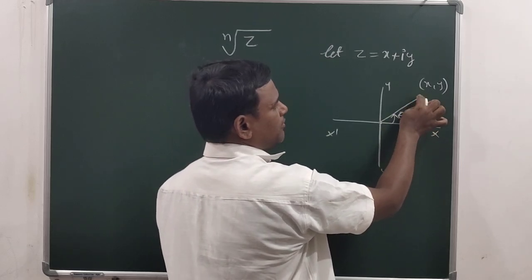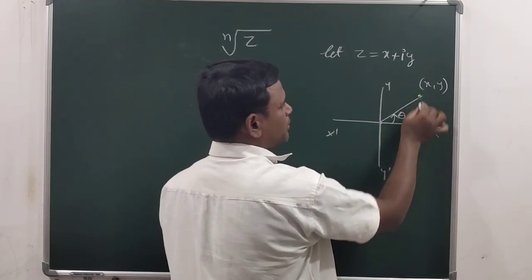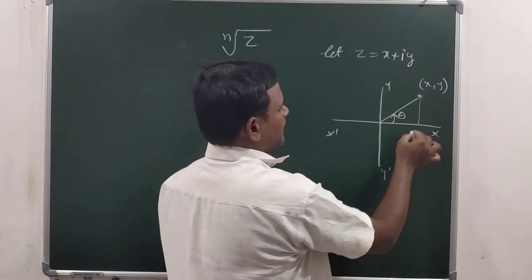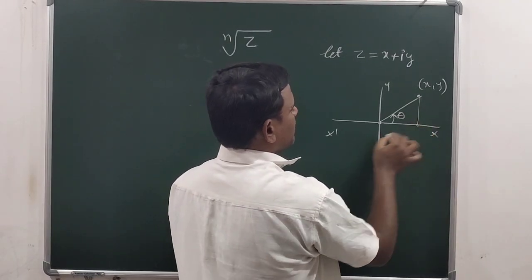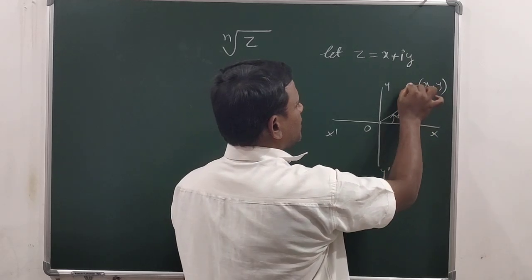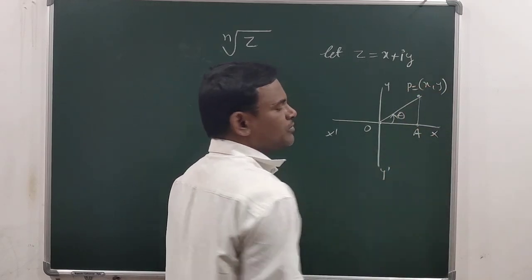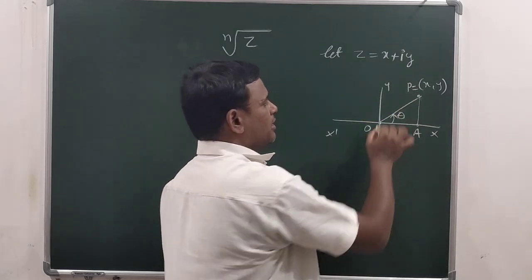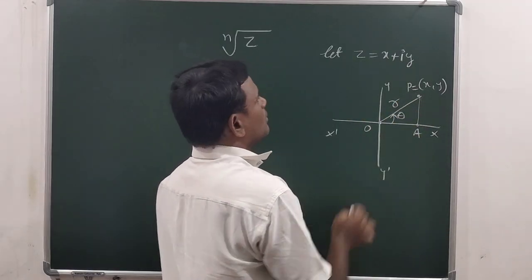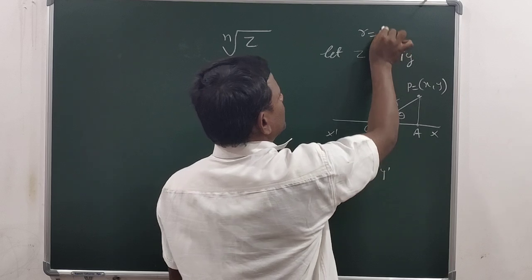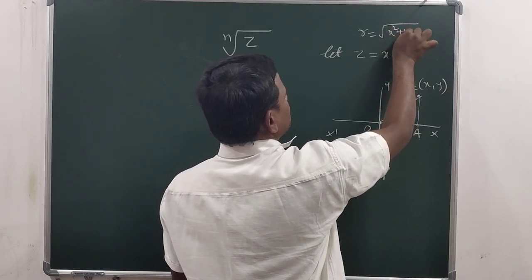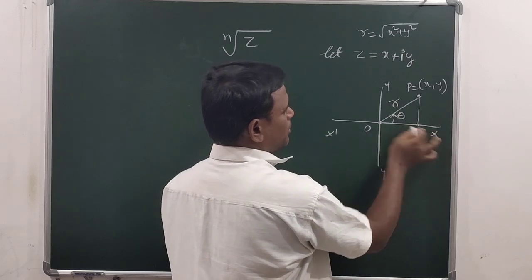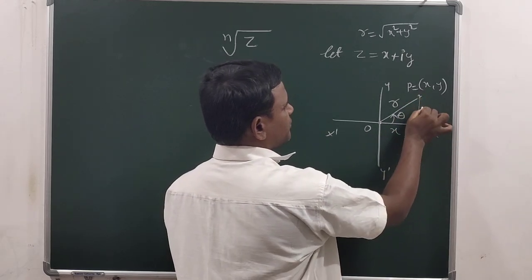Drop a perpendicular from this point to the x-axis. Let it be P and this is A. Now the distance from here to here, let it be r. The r value is root of x square plus y square. From here to here it is x, from here to here it is y.